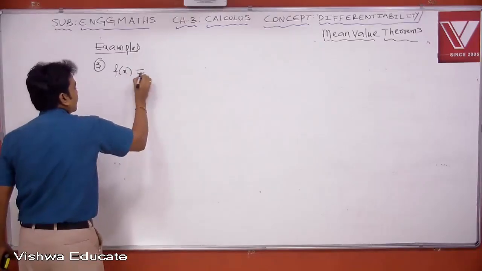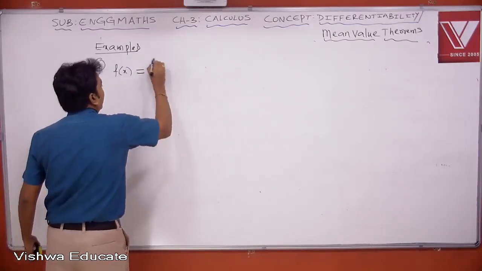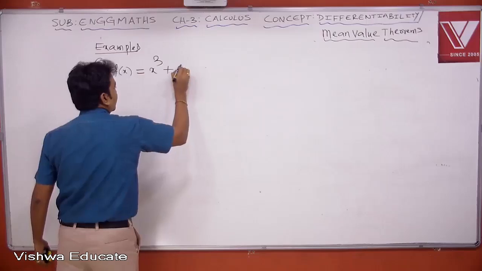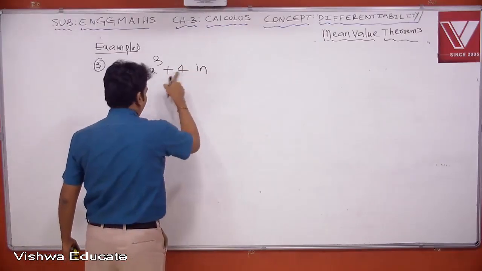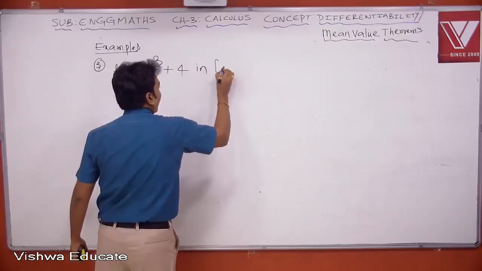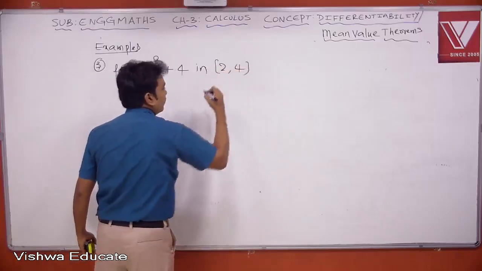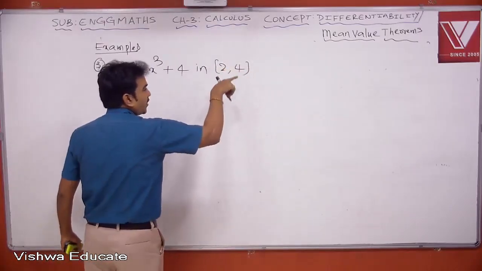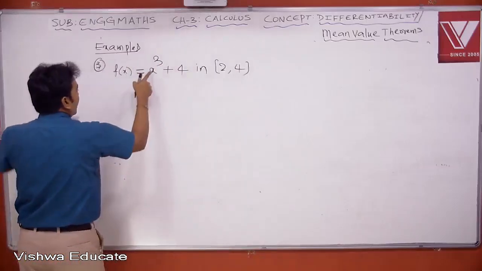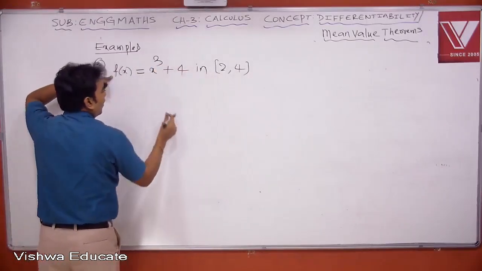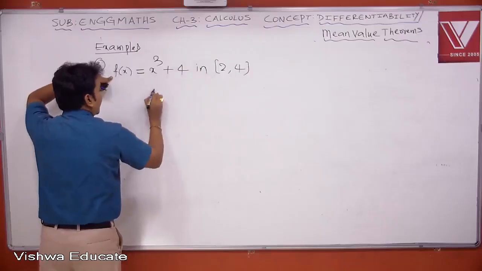Suppose I have f of x equal to, for example, x cube plus 4. Let us discuss its mean value theorem in the closed interval 2 comma 4. The interval is the same as example 1, but the function is a third degree polynomial expression. Now it is continuous in this interval, and it is differentiable in this interval.